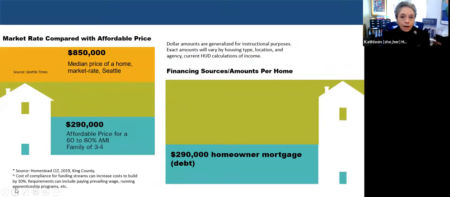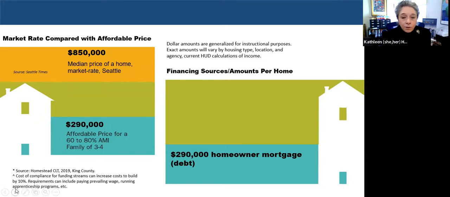So I've got a slide up here that shows the current numbers. Market rate prices now in Seattle are like $850,000. The numbers can move around a lot, but let's say that what a low-income household could afford to pay was $290,000.